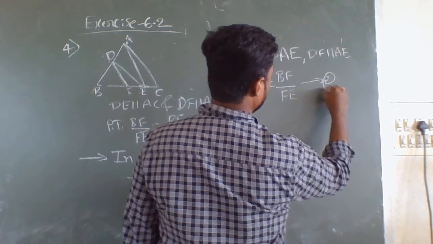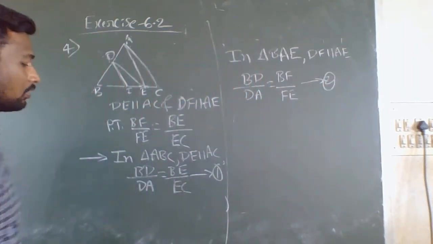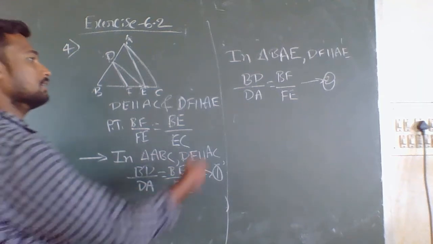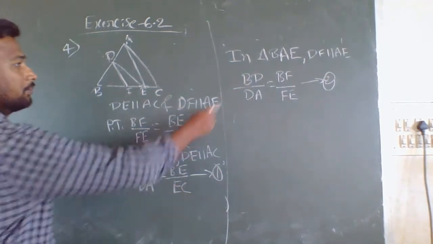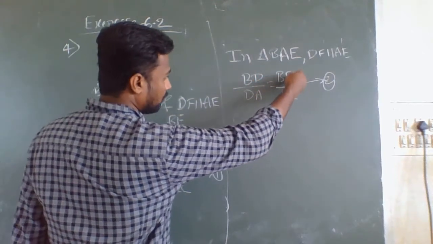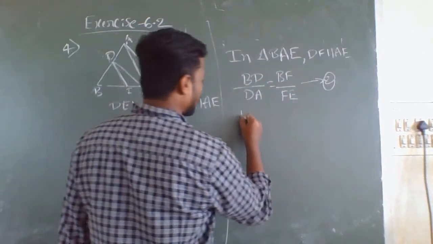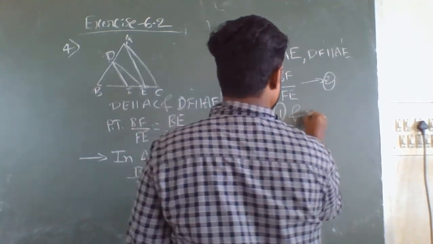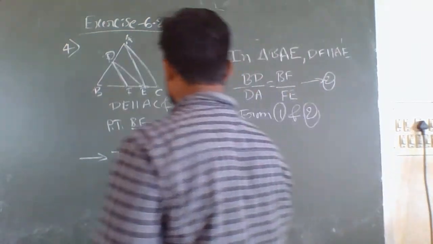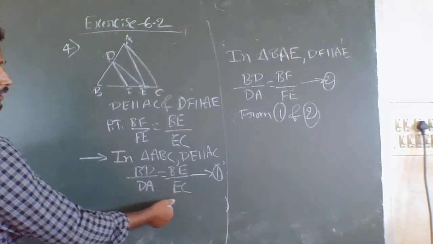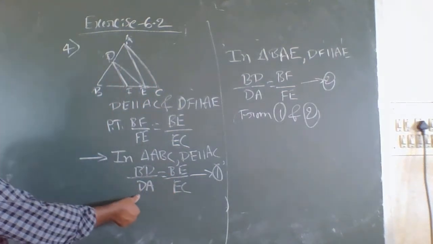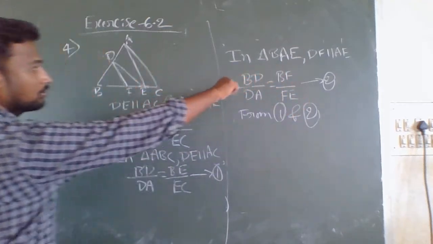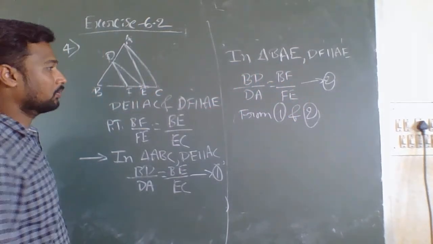This is second. In the first we got BD by DA is equal to BE by EC, and in the second we got BD by DA is equal to BF by FE. So from 1 and 2, BE by EC is equal to BD by DA only, and BF by FE is also equal to BD by DA only.